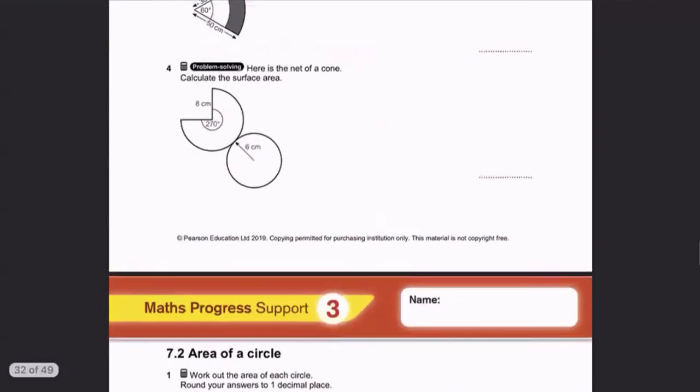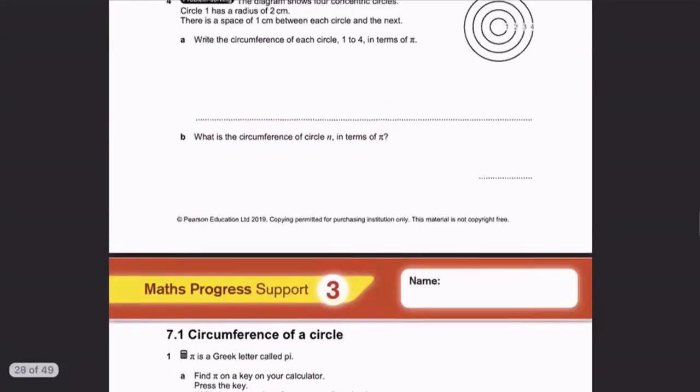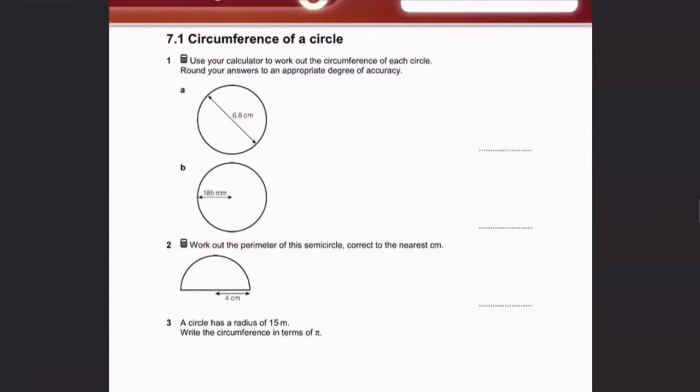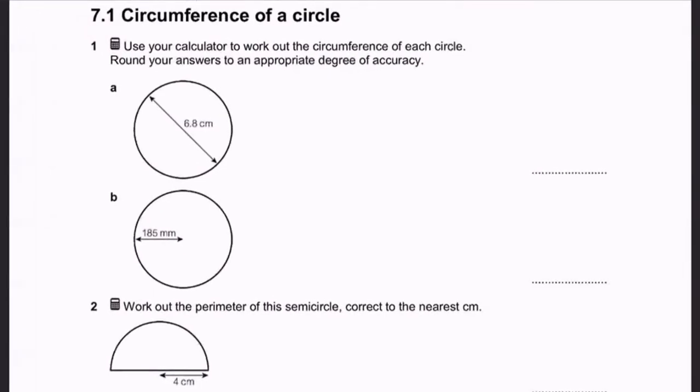Okay, so let us start. Circumference of a circle. Use your calculator to work out the circumference of each circle. Round your answer to an appropriate degree of accuracy.